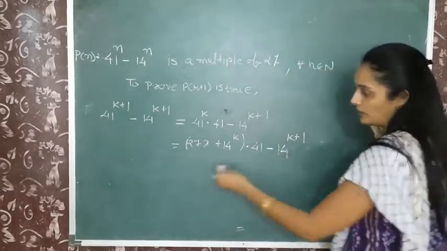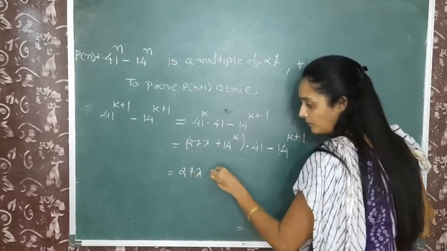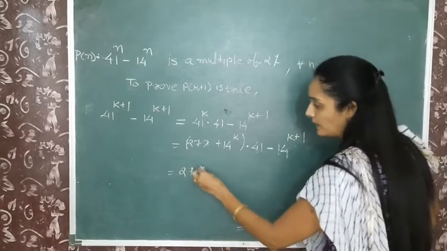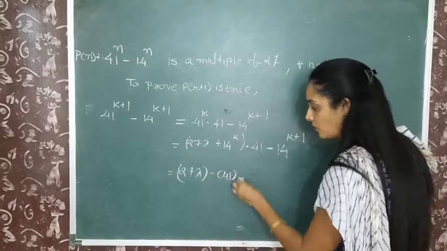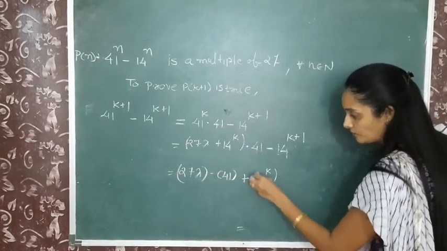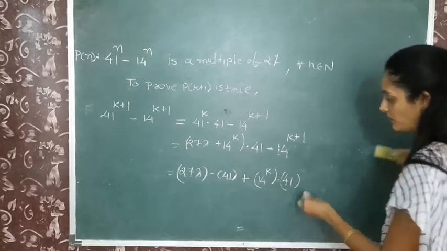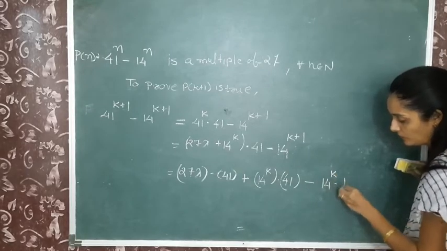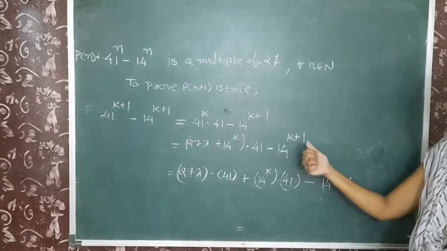now we can open the bracket, so 27 lambda into 41, okay, plus 14 raised to k into 41 minus, I can split these terms, 14 raised to k into 14. If base are same, then addition of power.